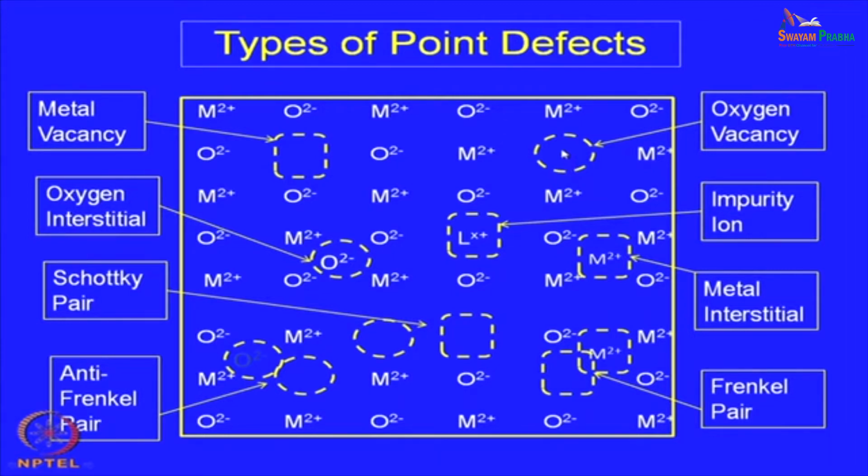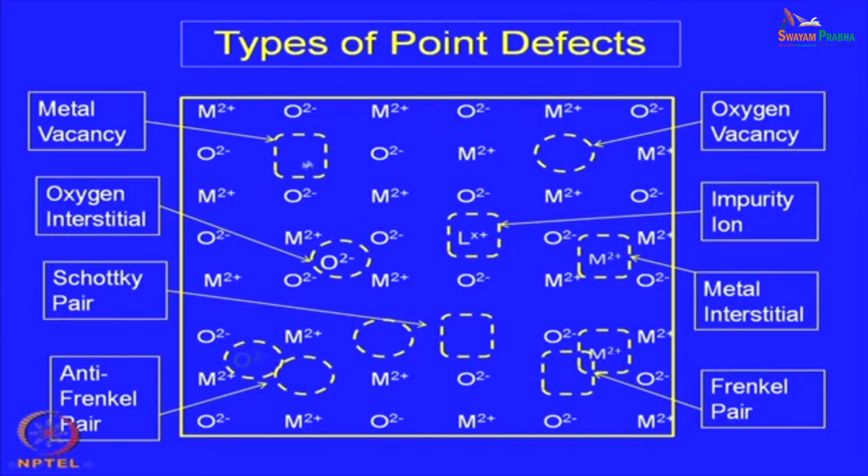So, this is the missing oxygen. Ideally there should have been an oxygen ion, but for some reason that oxygen is missing, and therefore that defect is designated as oxygen vacancy.